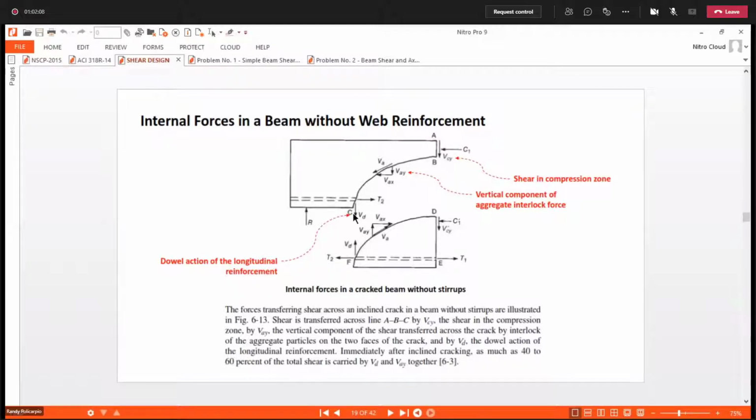And then at the bottom, our longitudinal reinforcement, this is due to shear. So we have VD, representing the shear force that is parallel to the cross section of the main reinforcement, or the longitudinal reinforcement.